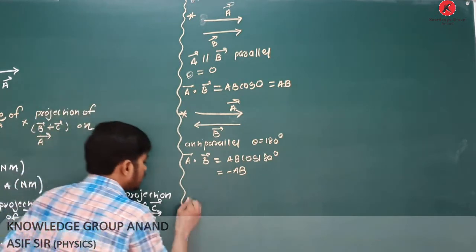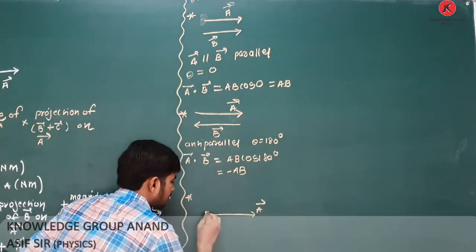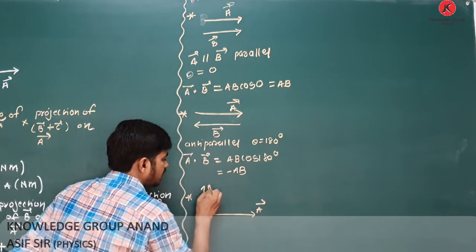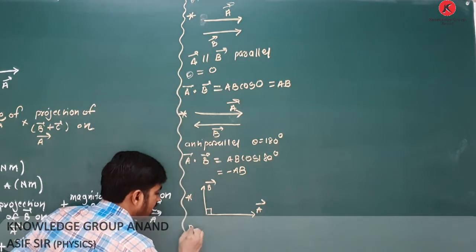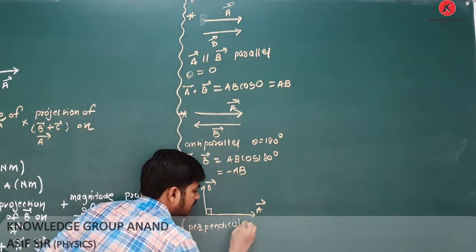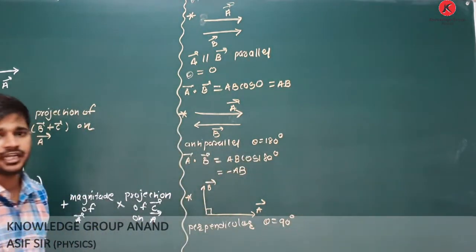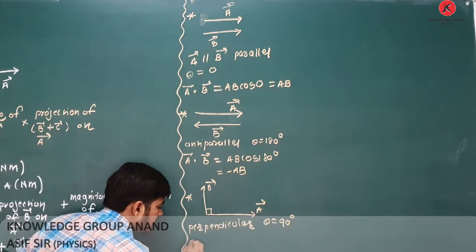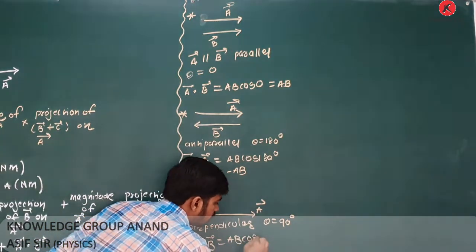Next one. If we have two vectors, vector A and vector B, and the angle between them is 90 degrees, meaning they are perpendicular, then what is A dot B? A dot B is equal to AB cos 90.